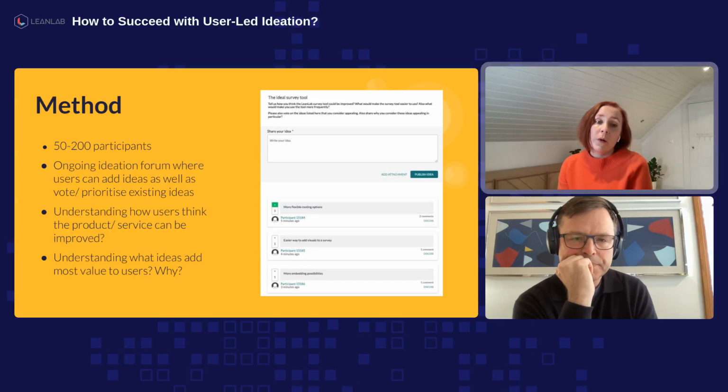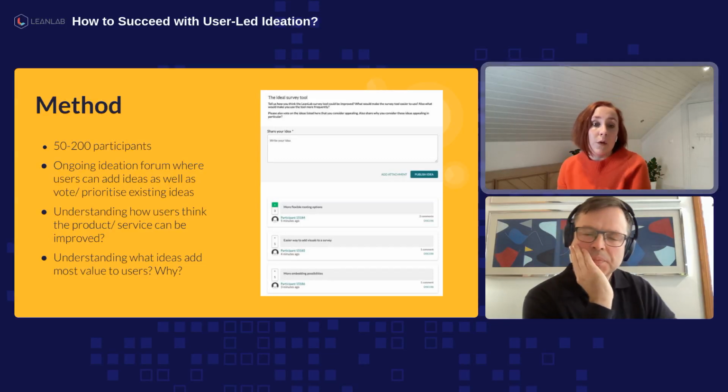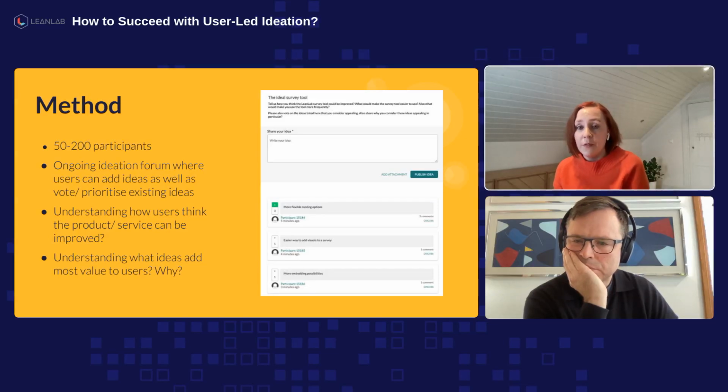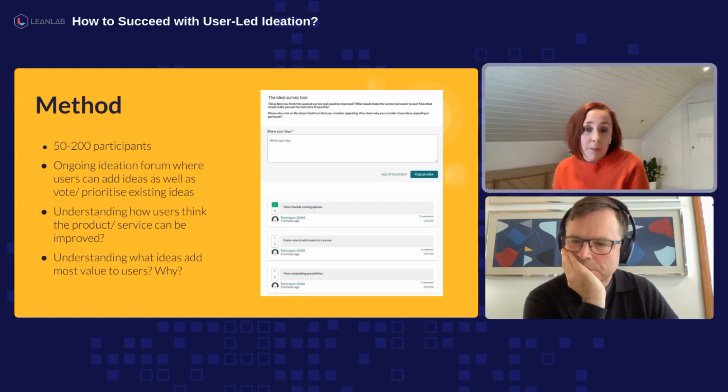And one way to approach this is setting up an ongoing ideation forum where users can add and share their ideas in terms of how they feel that the product service can be improved, but also help by prioritizing.